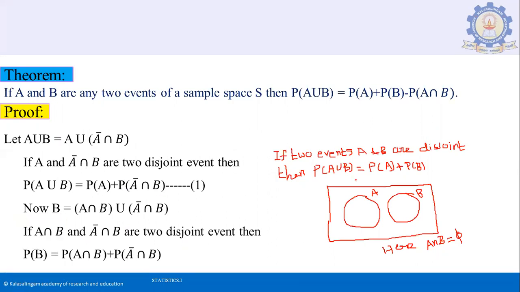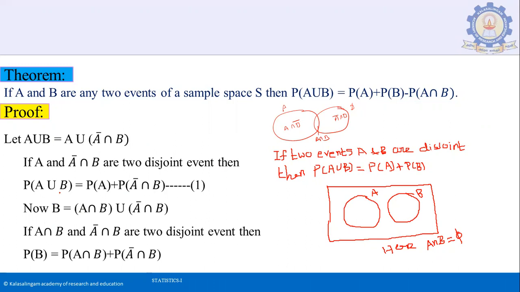We have A union B, so this is our A. This is A bar intersection B, this is A intersection B bar, and this portion is A intersection B. So A union B can be expressed as A union A bar intersection B. So these two are disjoint events.